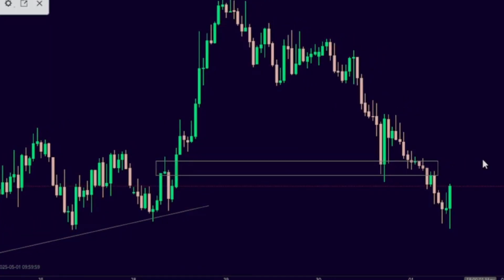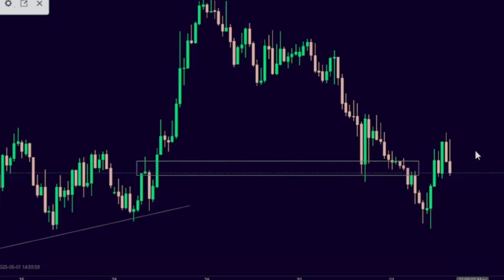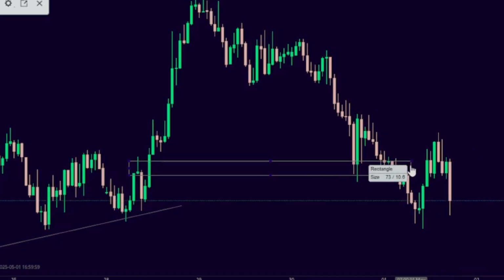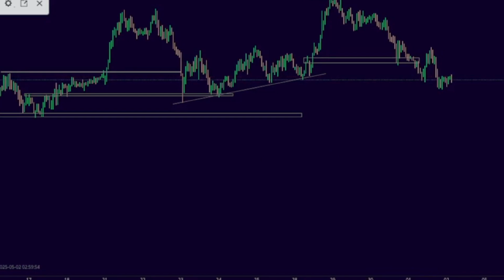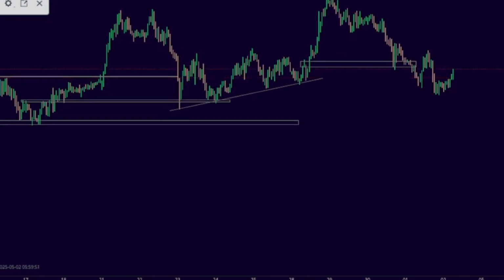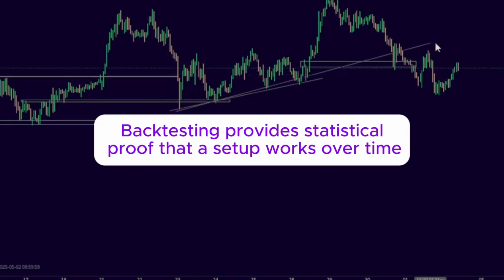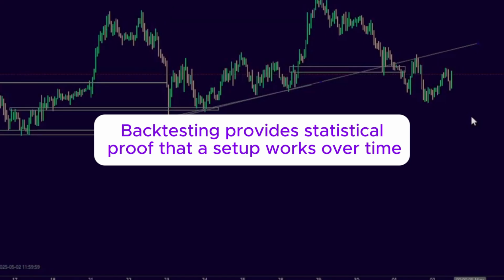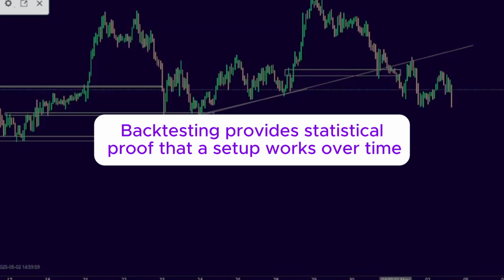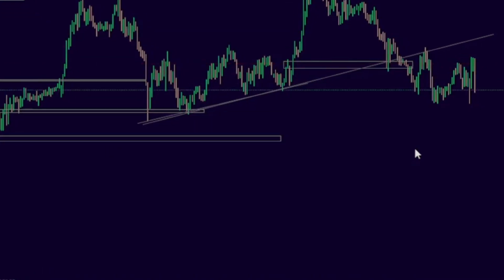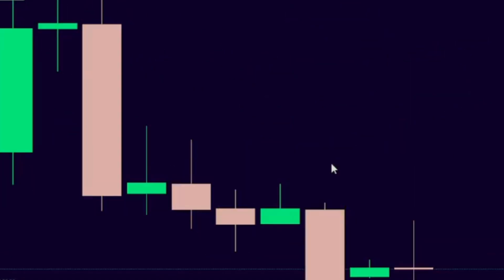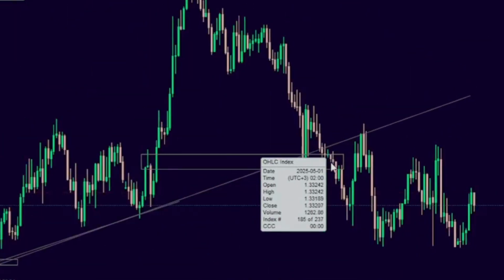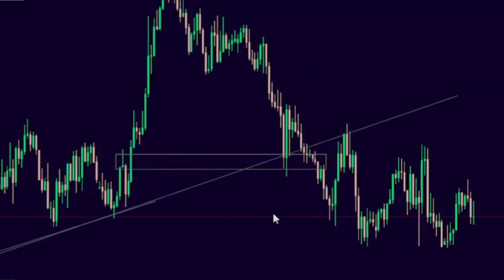This backtesting makes trading that particular setup high probability, because backtesting gives you statistical proof that a setup works over time. So backtesting is going to help you identify your win rates. Let's take, for instance, after my backtesting, I discovered that my win rate is 61%. That setup becomes a high probability trade setup.